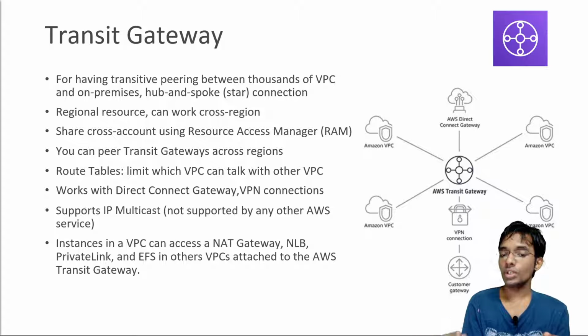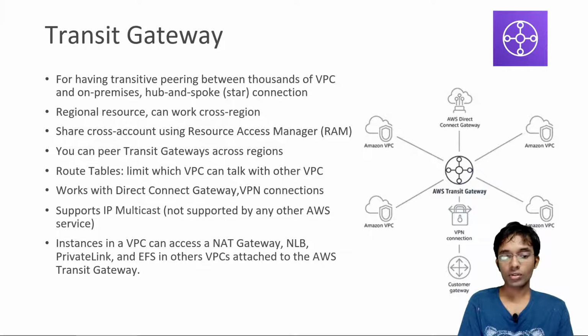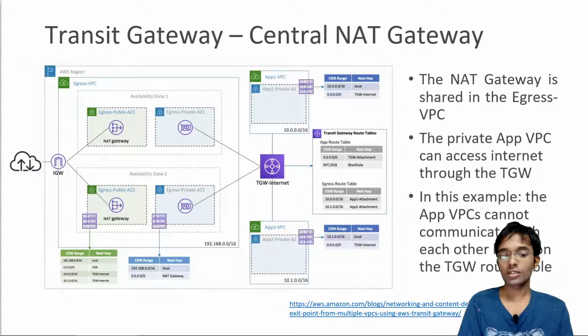So here we have edge-to-edge routing, and we have transitivity, and this is the whole purpose of the transit gateway.